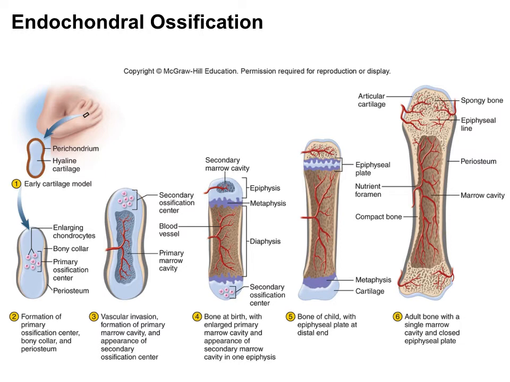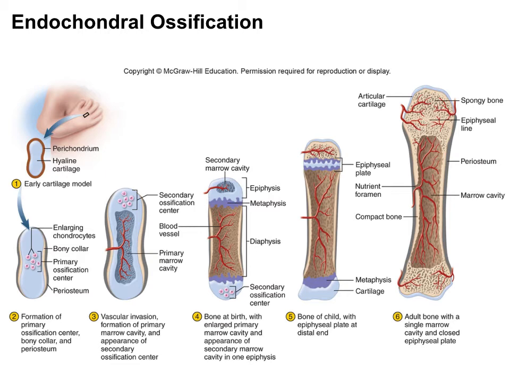The first type of growth is called interstitial growth. Now, interstitial growth is sometimes nicknamed growth from within. So that means we're going to grow using the cells that are on the inside of that nugget, meaning we're going to be using our chondrocytes. Now, chondrocytes are different from osteocytes. Remember, osteocytes were the maintenance men. They didn't build a brand new matrix. They couldn't reproduce.